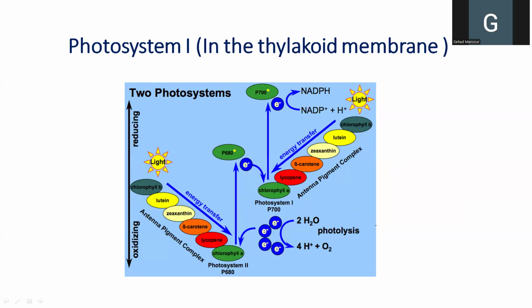If we look at the pigments, lutein, zeaxanthin, beta-carotene, lycopene, and chlorophyll A, we will find that both photosystems have the same reaction center, chlorophyll A, and the same types of pigment: lutein, zeaxanthin, beta-carotene, lycopene, and chlorophyll B.